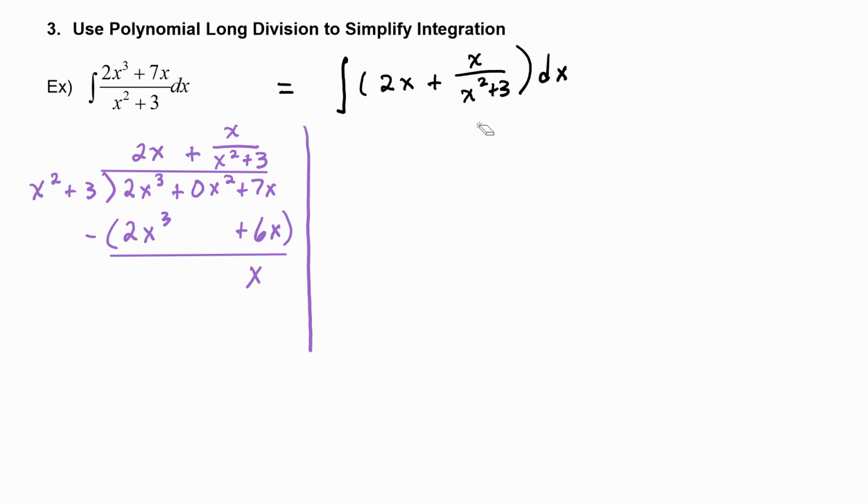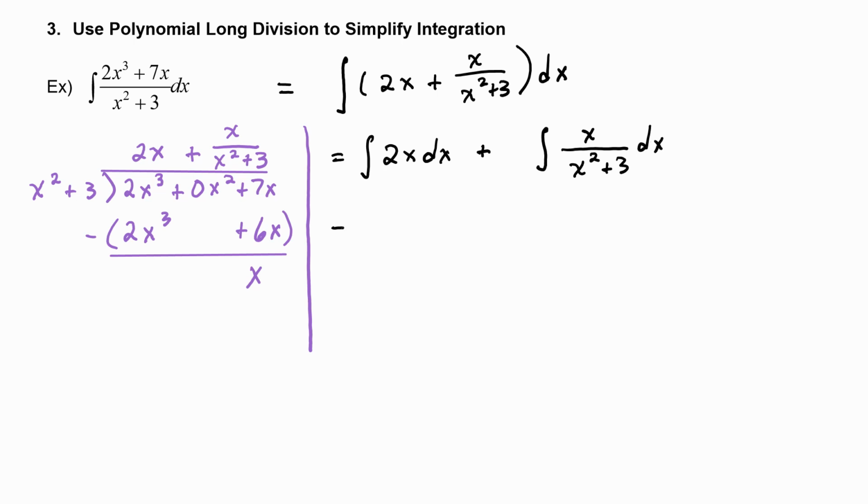Now we're going to break these two up into two separate integrals. So we get the integral of 2x dx plus the integral of x over x squared plus 3 dx.